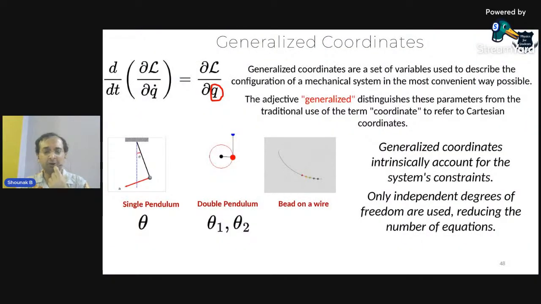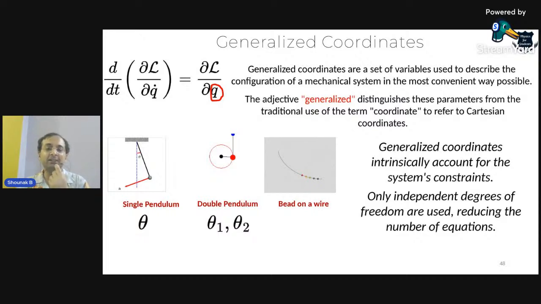Here, what you can see is that I have just used a simple pendulum, which Chudamani was telling about. He is right. Instead of x, y, and z, I am using theta. A double pendulum, a pendulum attached to another pendulum, can be described using theta 1 and theta 2, right?